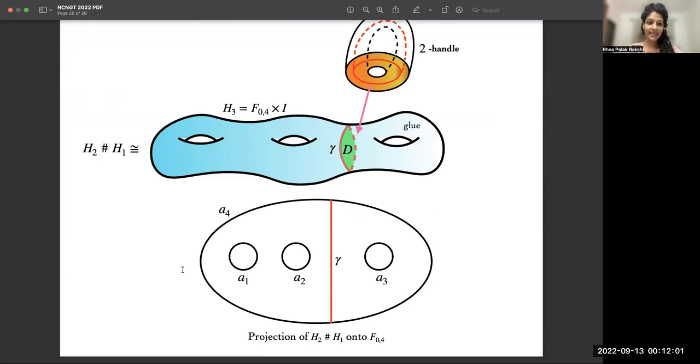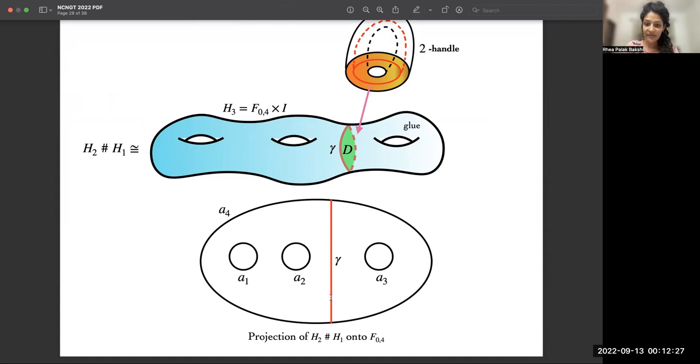So since H2 connected sum H1, or rather any connected sum of handle bodies, is exactly another handle body with the two handle attached to it, what we can do is project everything to the underlying planar surface of that handle body.